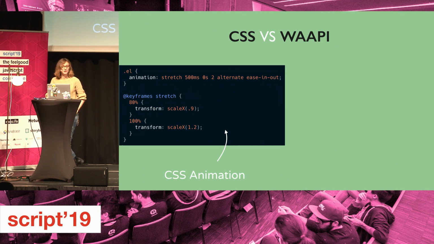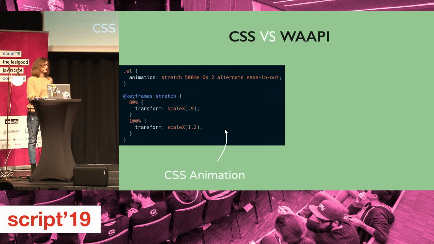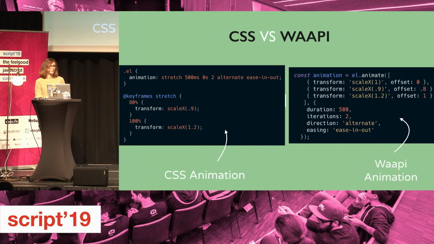So if we look at a simple CSS animation, we define that with the keyframes keyword and then some animation. Here from 80 to 100%, so it's not a linear animation. And then I'm defining the animation on the element. If I wanted to do the same thing in the Web Animations API, it's not that much different. So first I define the keyframes in my array.